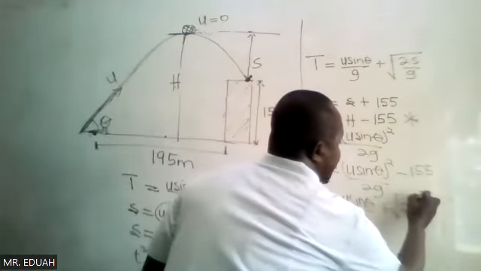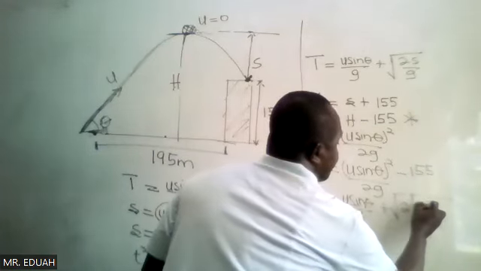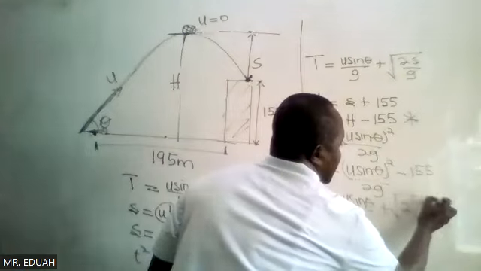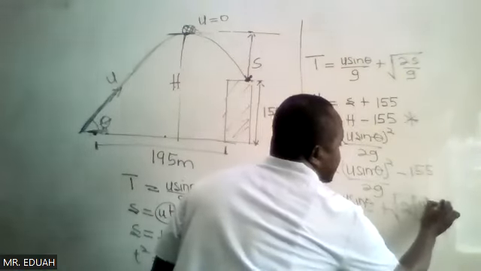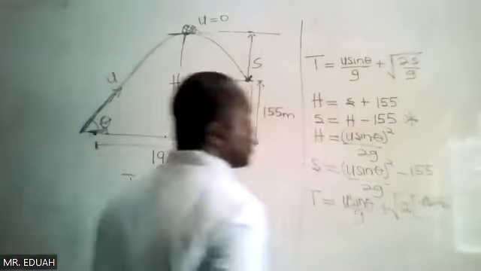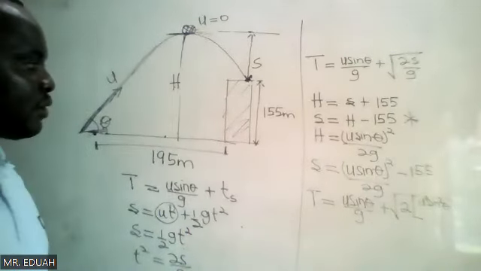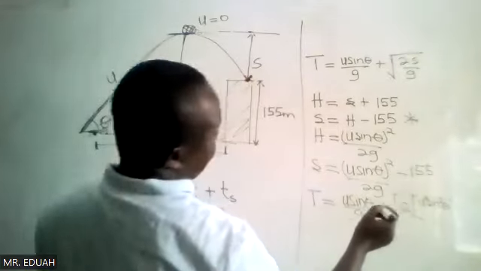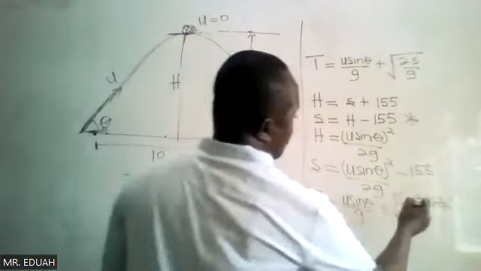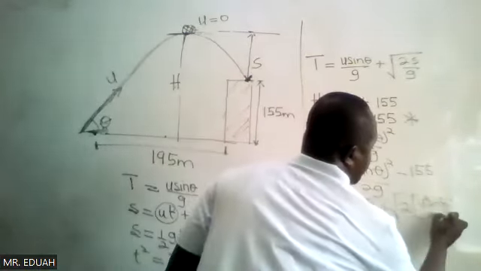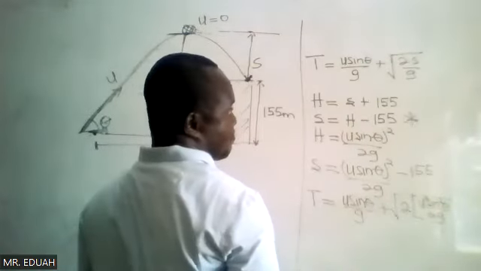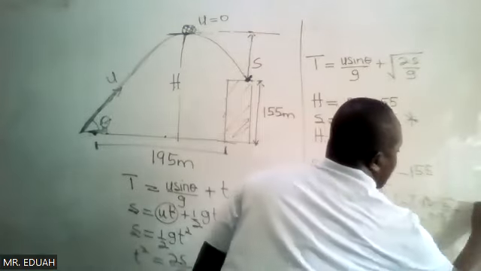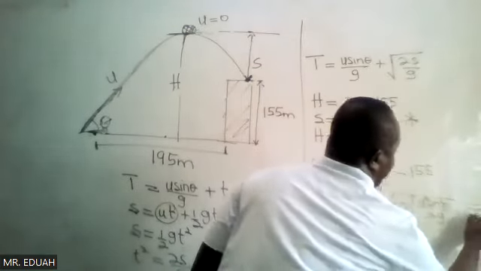Okay, so 2 times U sine theta, you can square it. U sine theta, sine square theta, over 2g minus 155.